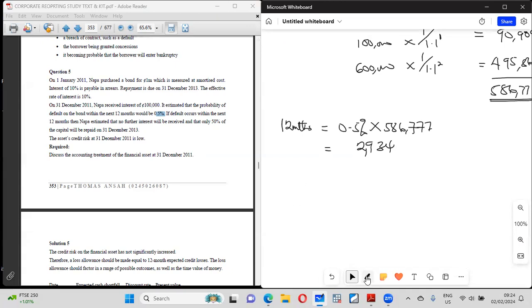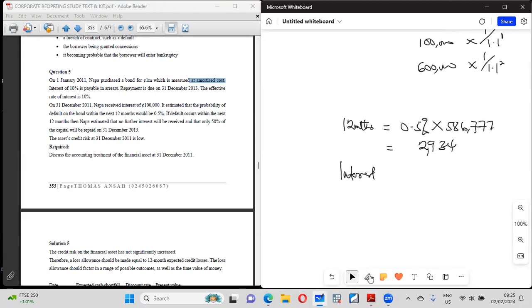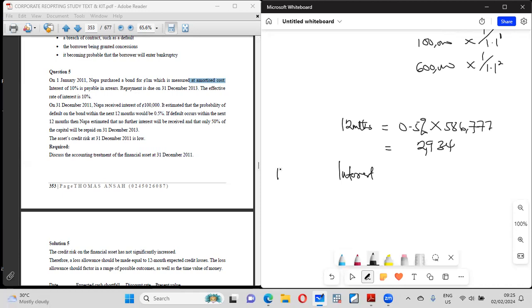So our interest income, and this is at amortized cost, we do the balance brought down. Balance brought down is the initial measurement. There is no transaction cost, which tells you that the initial measurement is still the 1 million.